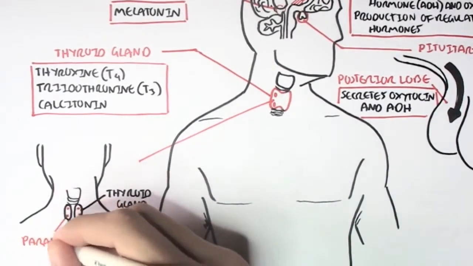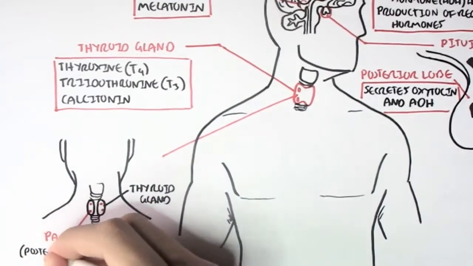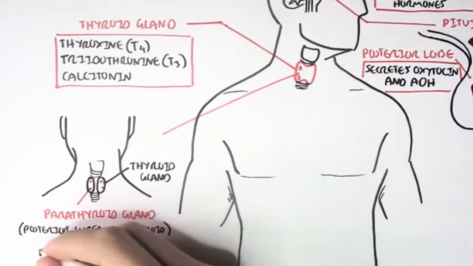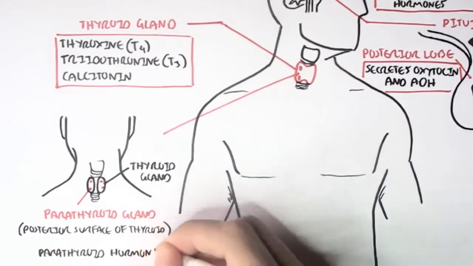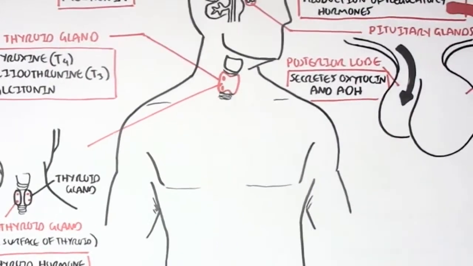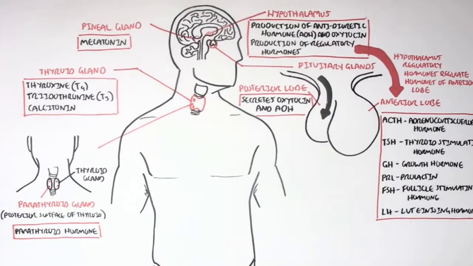These are known as the parathyroid glands. Para isn't across, but it's just on it. So there are four parathyroid glands, and these are behind the thyroid gland, and they secrete parathyroid hormone. Simple enough. Parathyroid hormone is important in the regulation of calcium and phosphate in our blood, in our body.